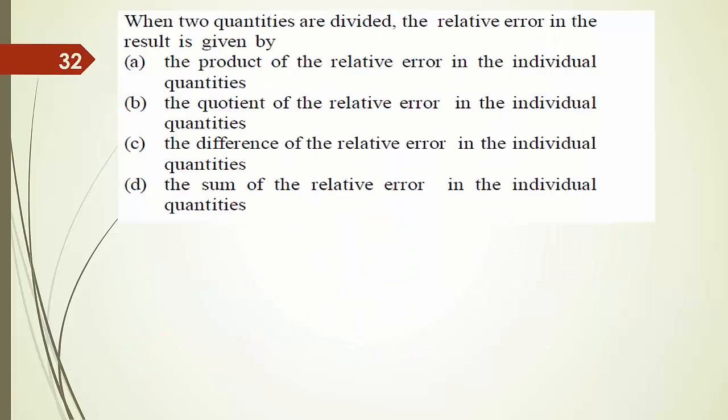Question 32. When two quantities are divided, the relative error in the result is given by. One statement is given here.